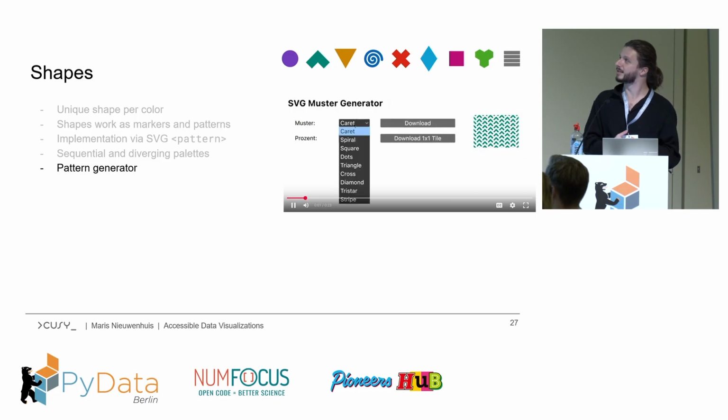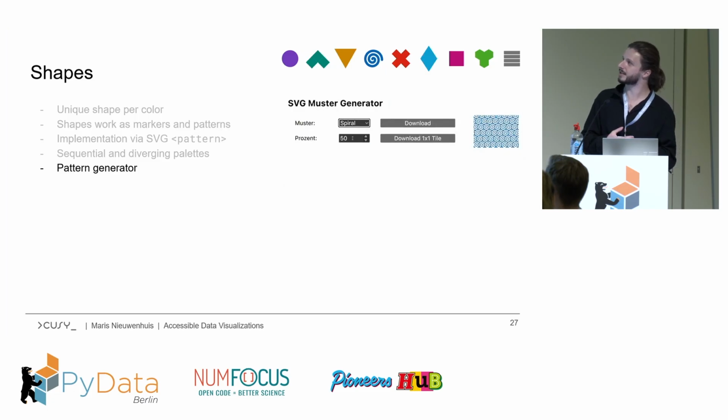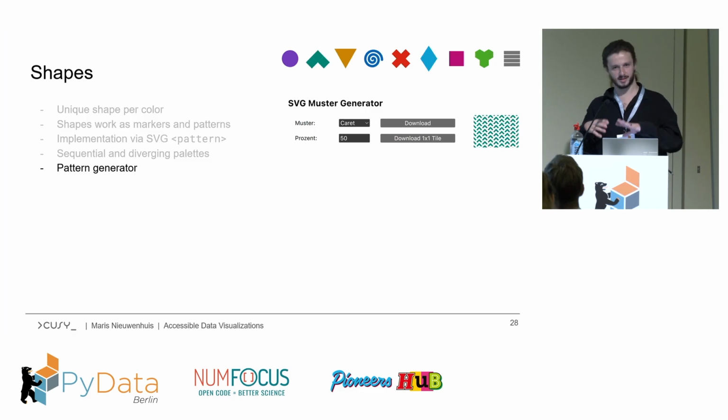Here you can choose any one of our 8 or 9 patterns, and you can choose a percentage that scales the base if you want to show different percentages. And via these 2 buttons, you can download the tile you see there, or just a 1x1 tile if you only need that, for example, for a marker.